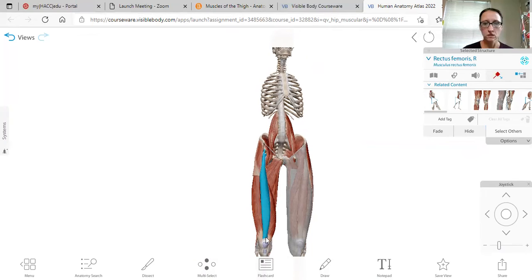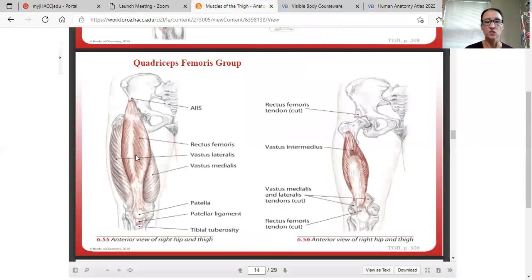It's pretty long. Rectus means straight up and down, okay? So that's what that name means. It's a muscle that's straight up and down on the femur, rectus femoris. AIIS to the tibial tuberosity, essentially.